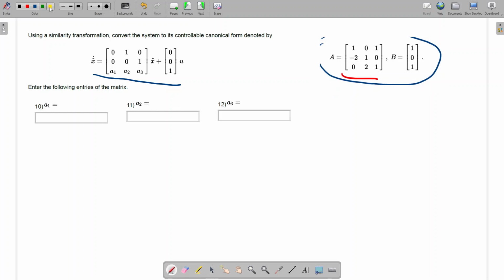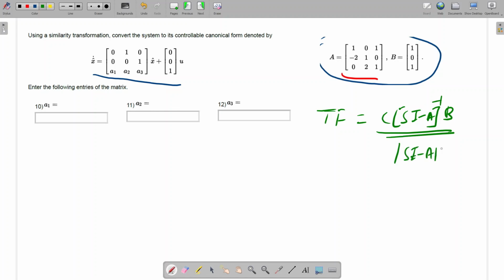Some standard methods are there, but I am going to tell you a short trick. First we'll find the characteristic equation for this one. The transfer function will be C into (sI minus A) inverse into B, so the denominator will always be the determinant of sI minus A. This will be our characteristic equation.